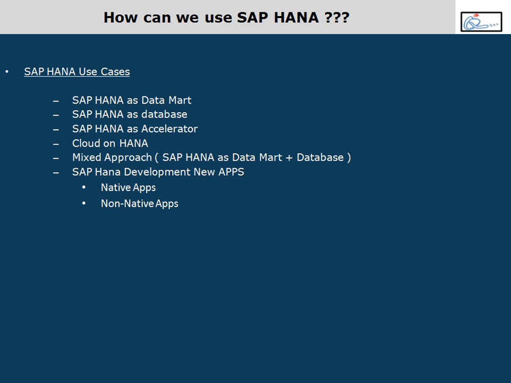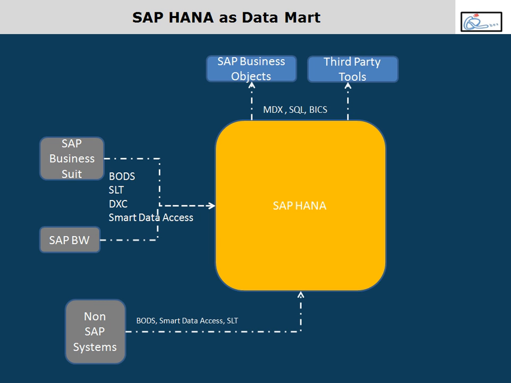Okay. First one, HANA as a data mart. You can use SAP HANA as a data mart. What does it mean? Now look at this. You will install SAP HANA as a central database, and you will extract data from different applications into HANA.